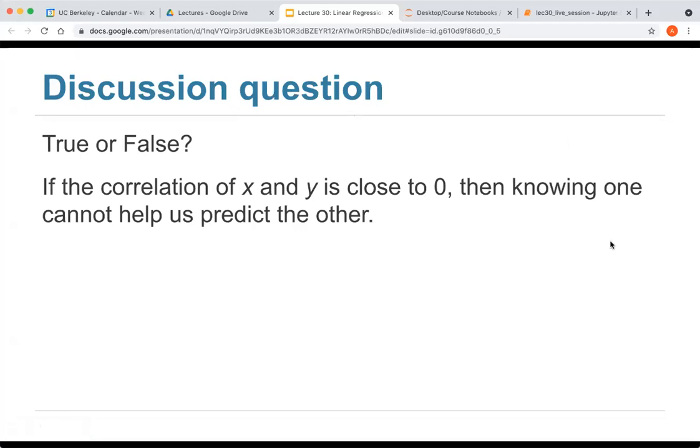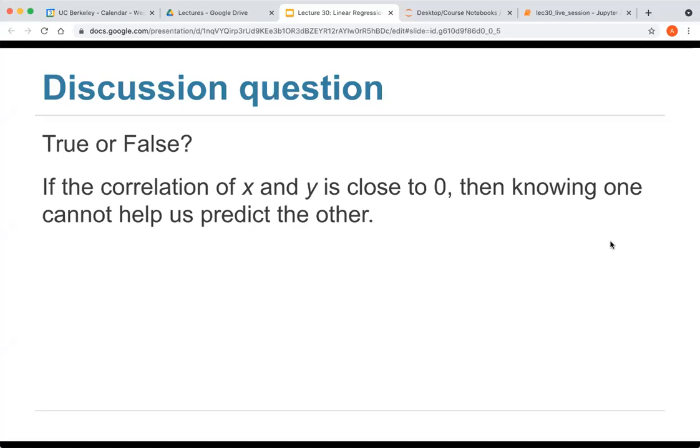A bunch of people are saying false. Okay, so we're getting false. And so could somebody give the reason? Tony there has the reason.